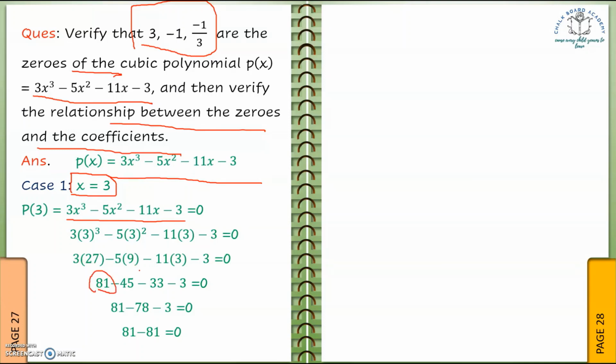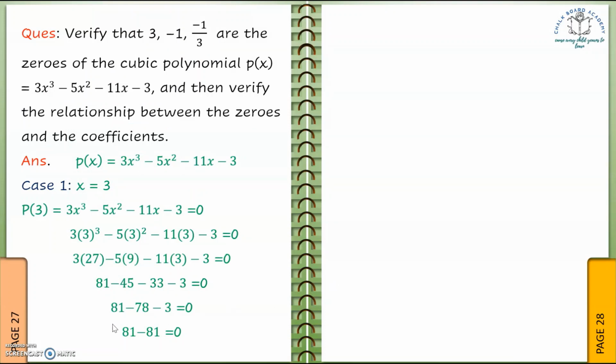Then 5 into 9, that is 45. And then 11 into 3, that is 33. And then minus 3. Now these three terms 45, 33 and 3 are negative, so they can be added. By adding them we get minus 81 as answer and we already have positive 81. So the answer here becomes 0. Hence x is equal to 3 is the 0 of this cubic equation.